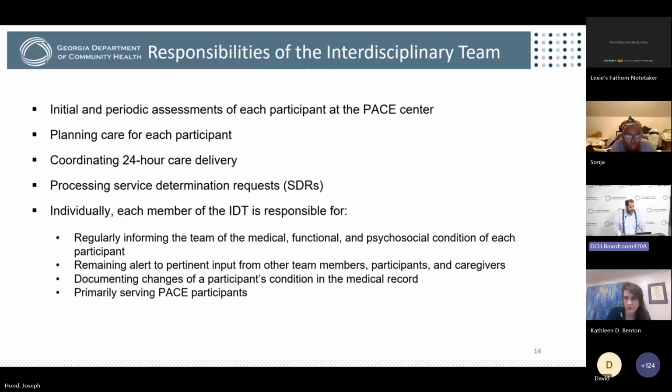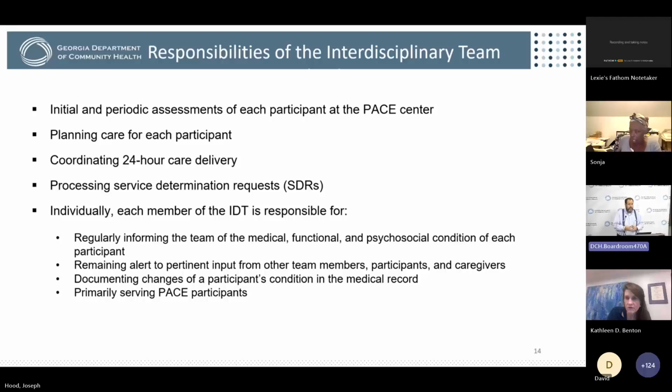Planning care for each participant, coordinating their care 24 hours a day, 7 days a week, processing service determination requests, and then individually for each member, the interdisciplinary team should be informing the team, the individual team members, of medical, functional, and psychosocial conditions of each participant, remaining alert to any information they're not only getting from the member, but they may be getting from the family or other people at the PACE Center if they're coming in for day treatment about how that plan of care is progressing.